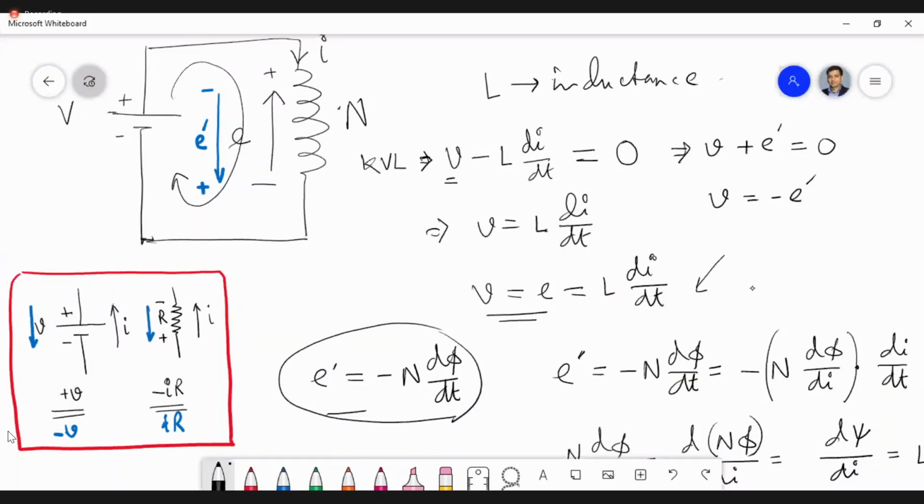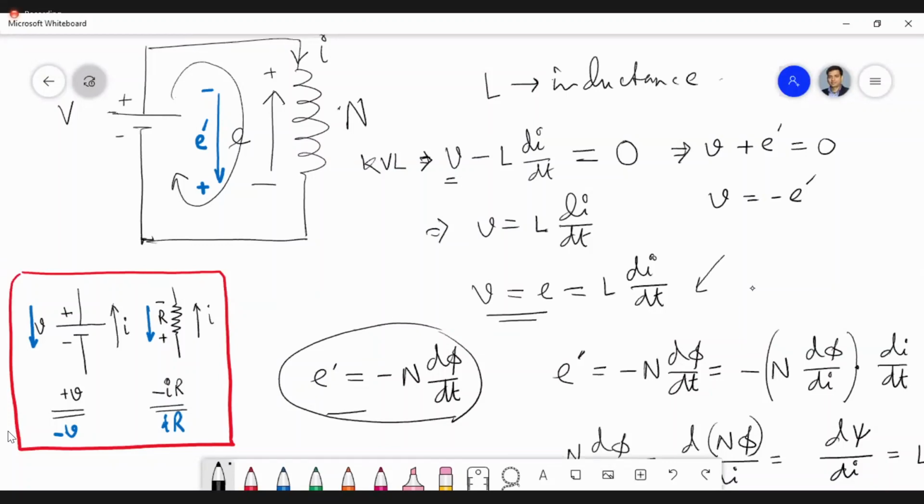So when we are considering E, we are assuming that the coil is basically a load or a passive element. But when we are considering E prime, we are considering the coil is basically another source where the potential should increase from negative to positive.